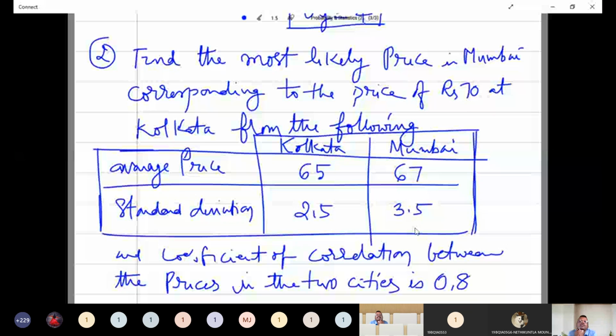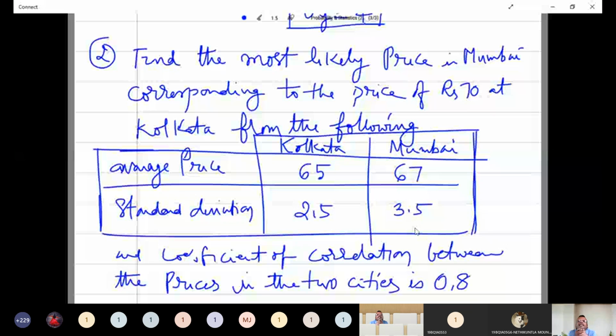Now let us assume that x bar is the mean price in Kolkata and y bar is the mean price in Mumbai, or let x denote the variable for Kolkata and y denote the variable for Mumbai. We have to find the equation of the regression line y on x or x on y.